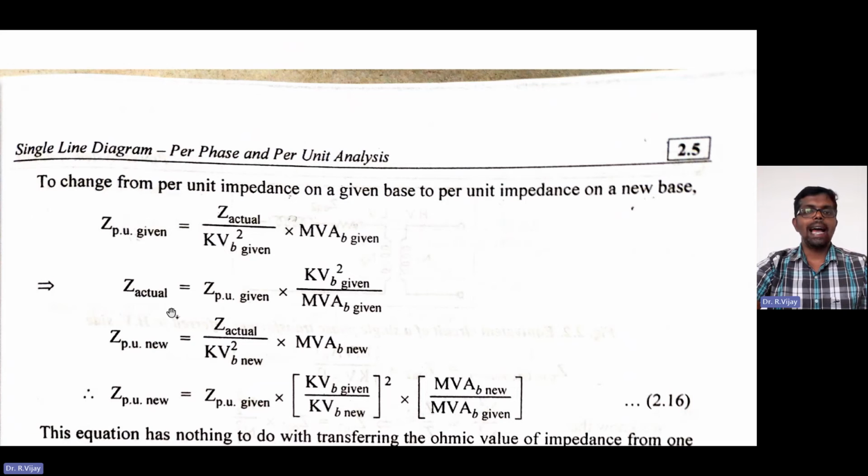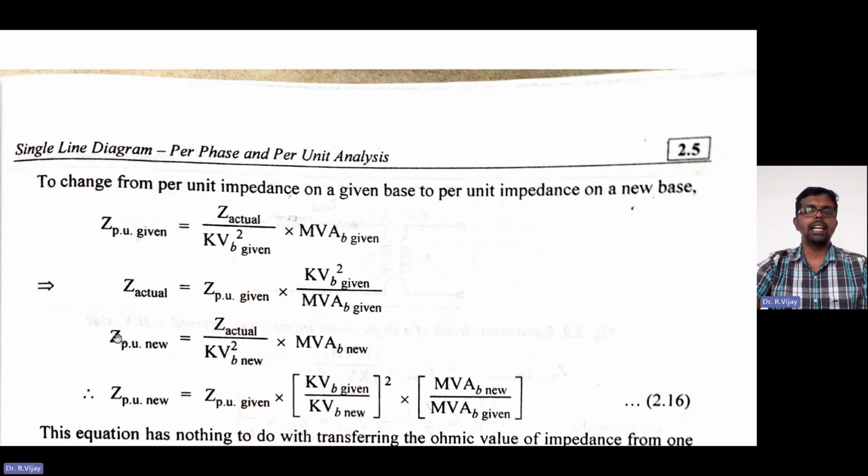Next, what is the actual value? You take the actual value from here. So Z actual is equal to Z per unit old into KVB squared old divided by MVA old. This is the formula for calculating Z actual.